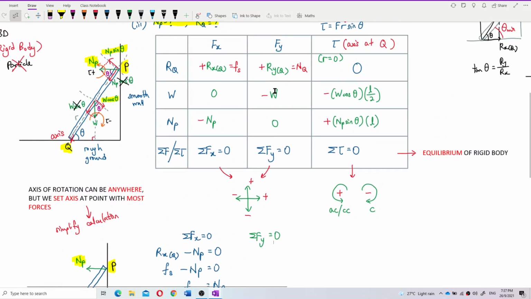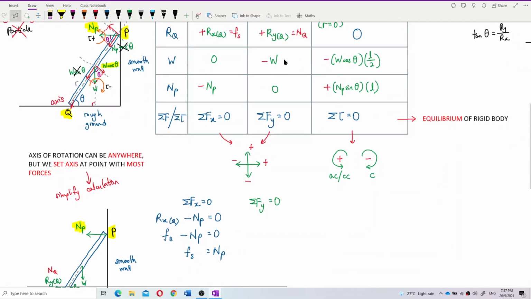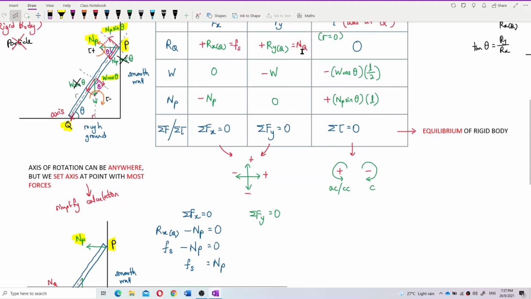We use total Fy equal to 0, another formula here. Just total this up. We have the reaction force Ryq, negative weight equal to 0. Then this Ryq is actually the normal force on Q, which is equal to the weight.